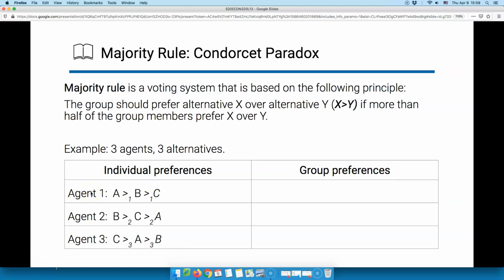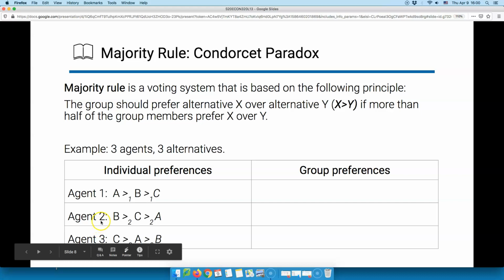Well, following the majority rule, we need to take each pair of outcomes and compare them based on who the majority of agents would prefer.